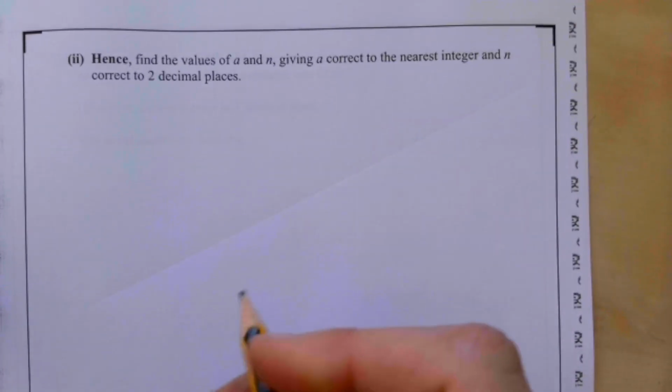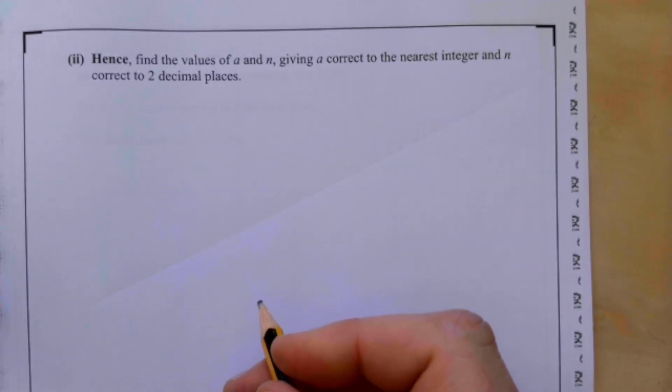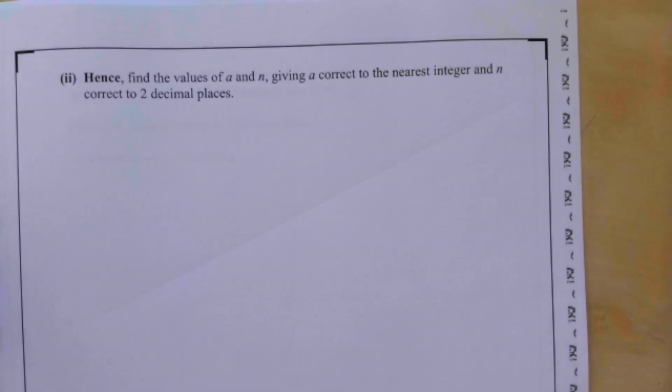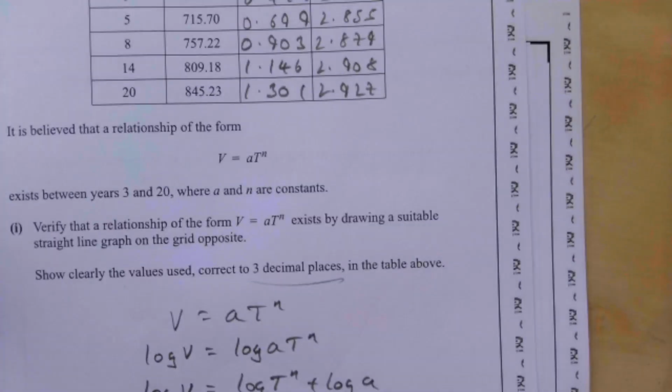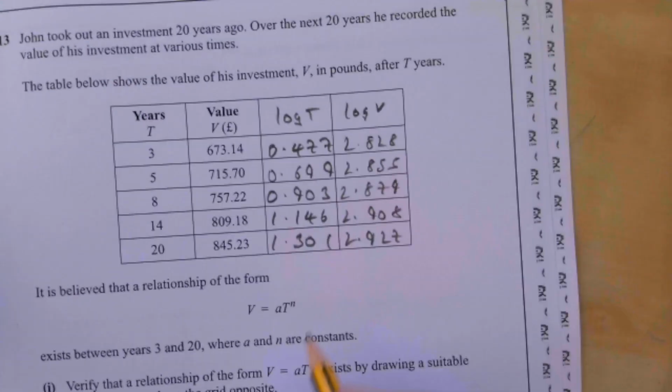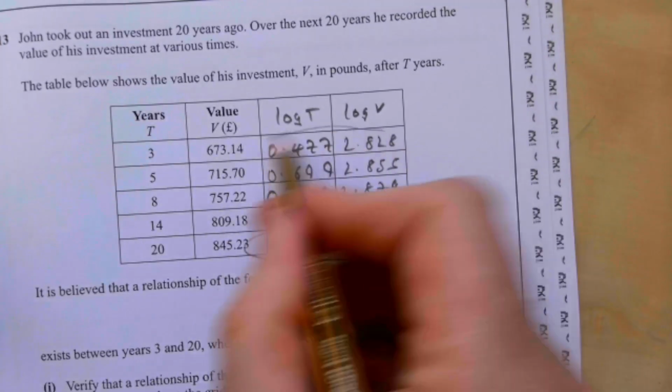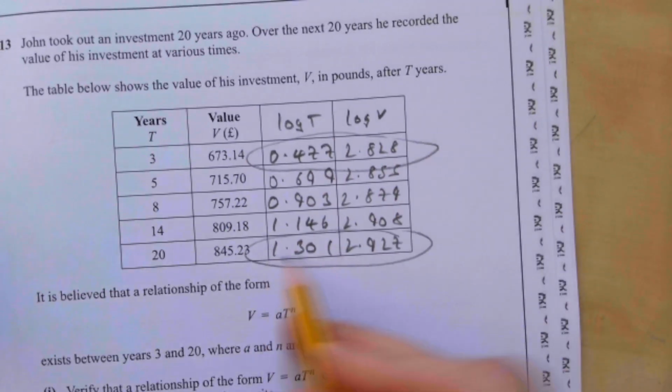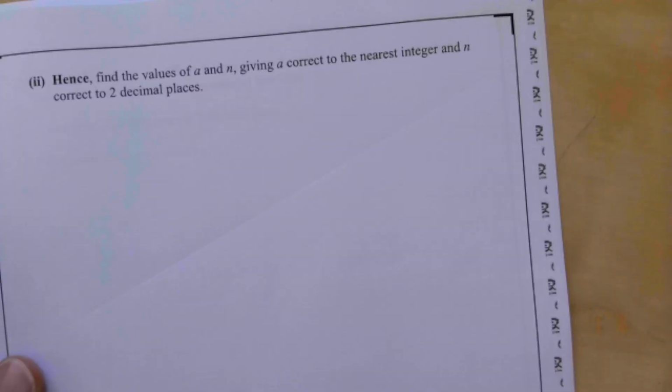Hence, find the values of a and n, giving a correct to the nearest integer and n correct to 2 decimal places. Well, our value, first of all, of n is going to be our gradient. And the way we work out our gradient is we maybe don't go back to this graph here. We're probably going to take these 2 coordinates and the y and x values for those.